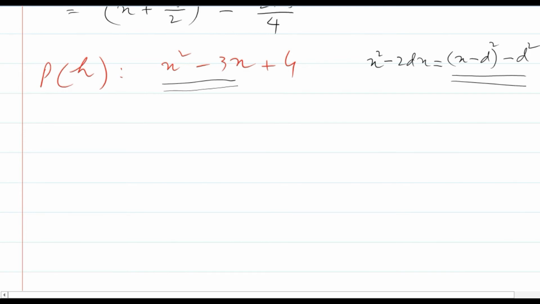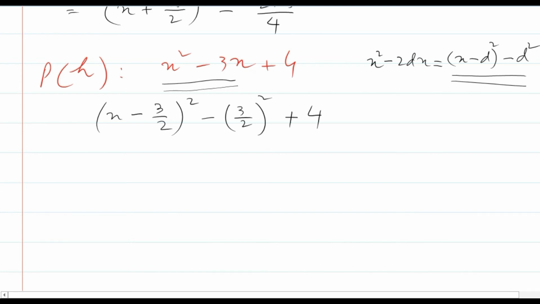How it will work is x minus 3 over 2 whole square minus 3 over 2 whole square plus 4.